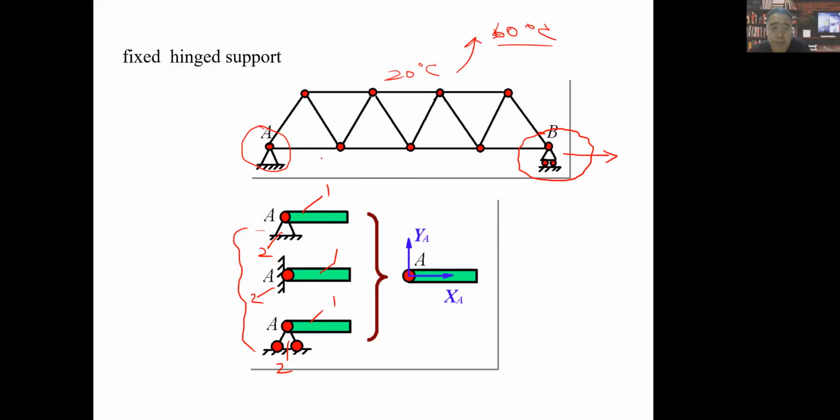But if this is fixed and the other can move a little bit, then because of the increase of temperature, it can move a little bit, so the whole frame can reach a steady state, right?